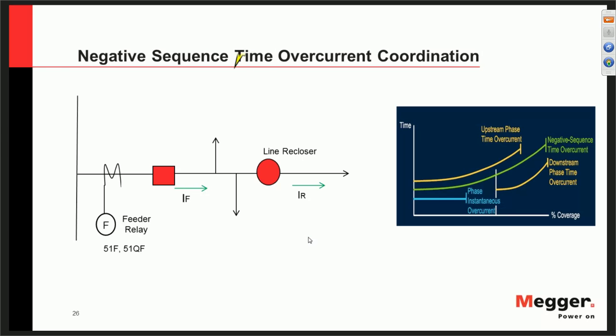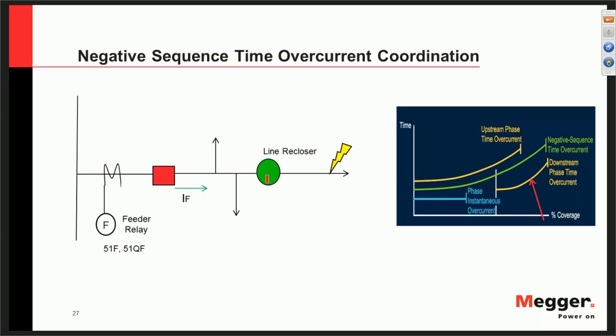Okay, let's say I have a fault here, which is beyond the line recloser. So according to the concept, my line recloser should open to clear the fault, and it will follow this downstream phase time overcurrent curve because it's downstream. So my line recloser should open, and it will clear the fault.